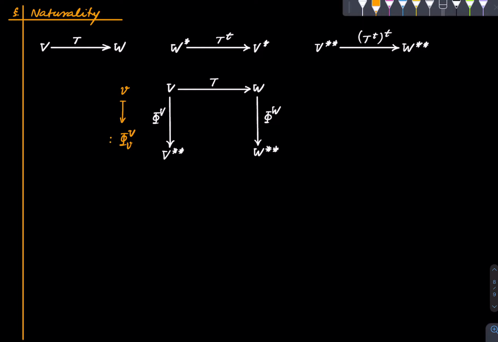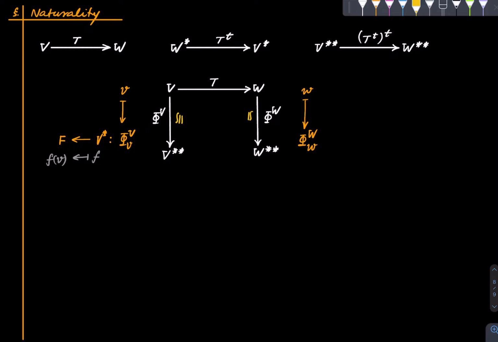This is a map from V star to F, which takes f to f(v). So that's the definition of that guy, and hence it is a member of the double dual of V. Similarly, we have the same guy here, the cousin of it. Right, and these are isomorphisms, as we already know.